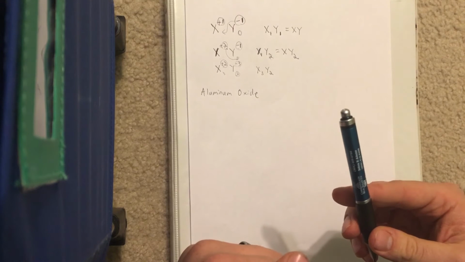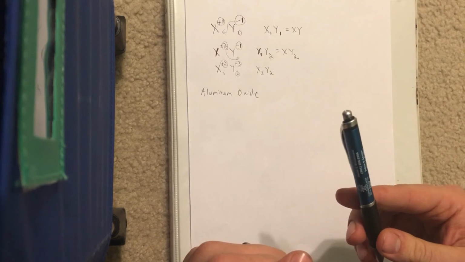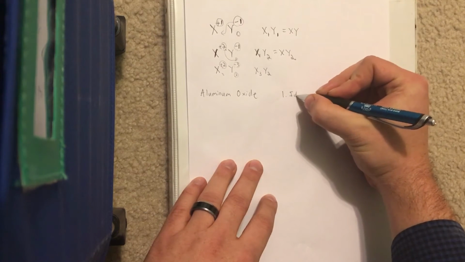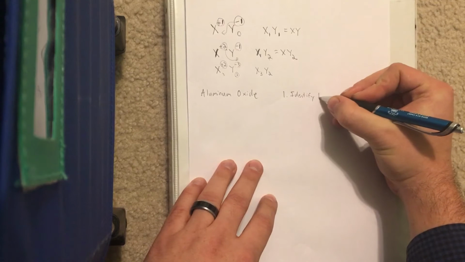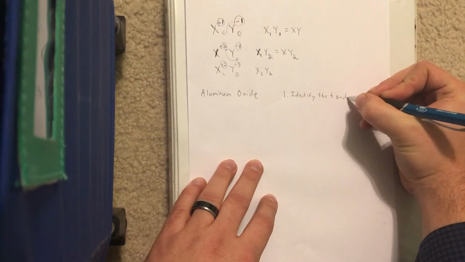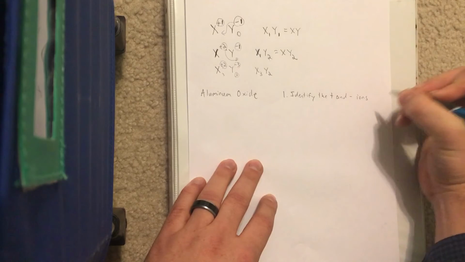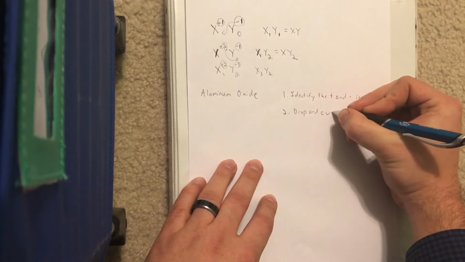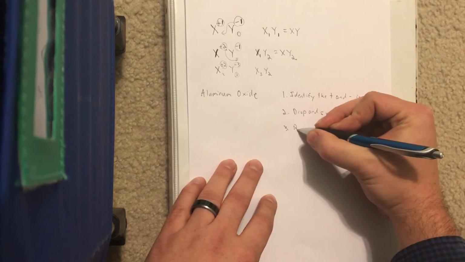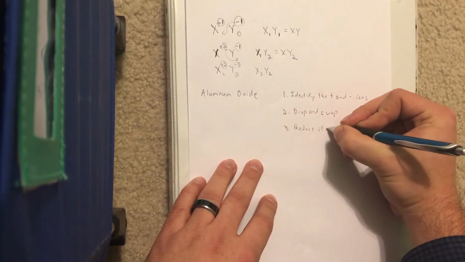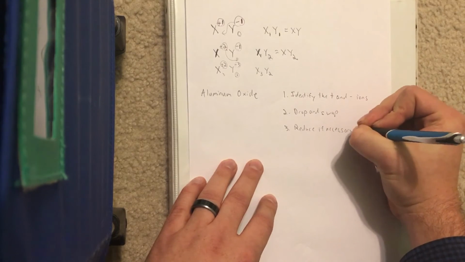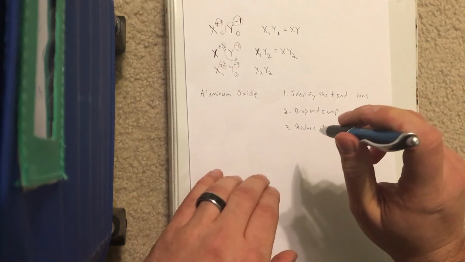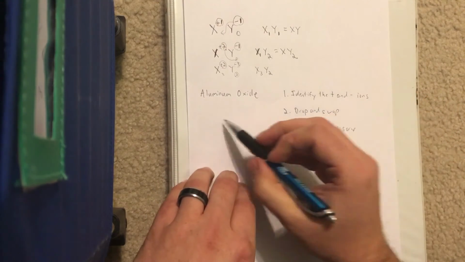All we need to do in order to identify what the chemical formula is: 1, identify the ions, the positive and negative; 2, drop and swap; and 3, reduce if necessary. If you can follow those 3 steps, you will be able to write the chemical formula for any compound name that I give you. For example, this one.